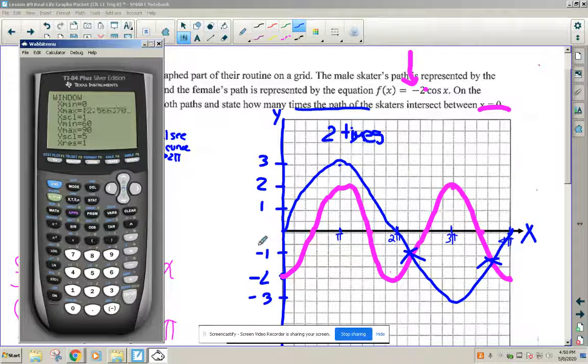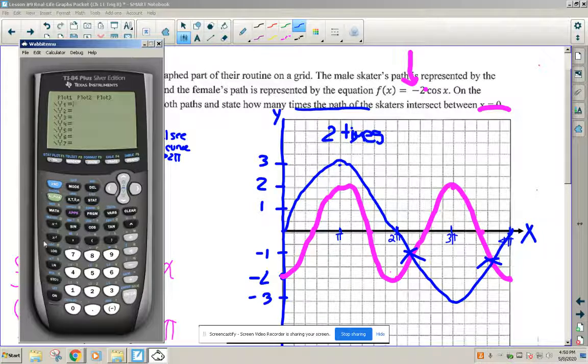And I basically counted in 90-degree increments, which would be pi over 2. And my y minimum was -3, so I'll just go to -4. My y maximum, I'll go to +4, and I'm going to count by 1. So now I had to reset this whole window.